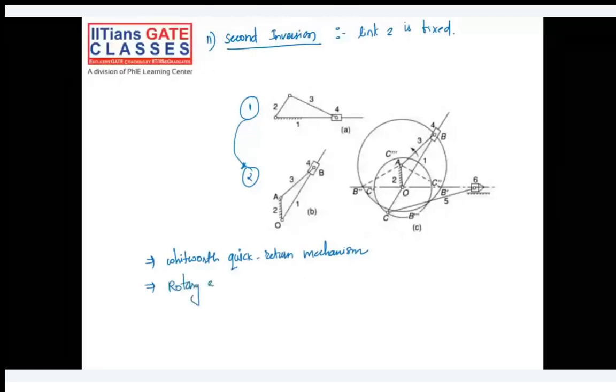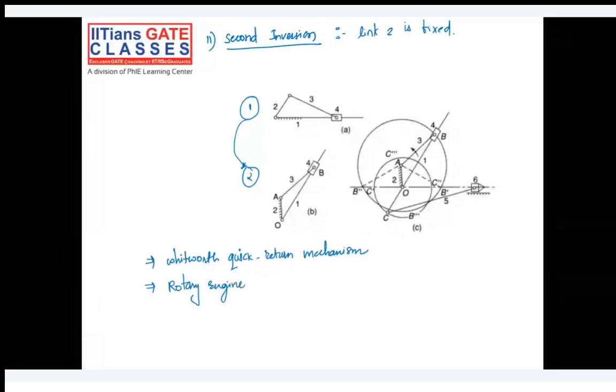So we want time for cutting to be more than time for return.